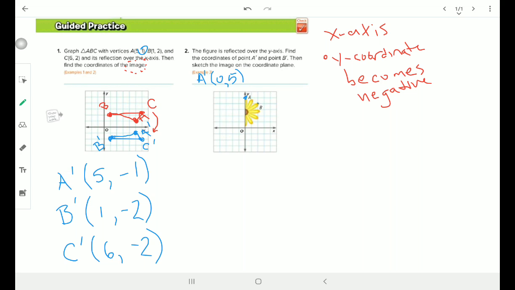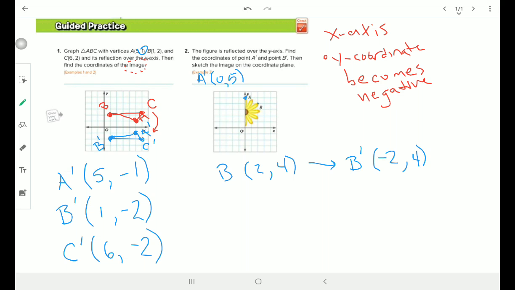On B prime, we reflect it over the y-axis. Now I'm going to do it without graphing first. I'm going to show you that we don't need to graph it. We can just use the points. Okay. So the point for B is 2, 4. So that's point B. So if I'm going to B prime over the y-axis, we are going to change the x-coordinate to -2, right? Just the x becomes negative.